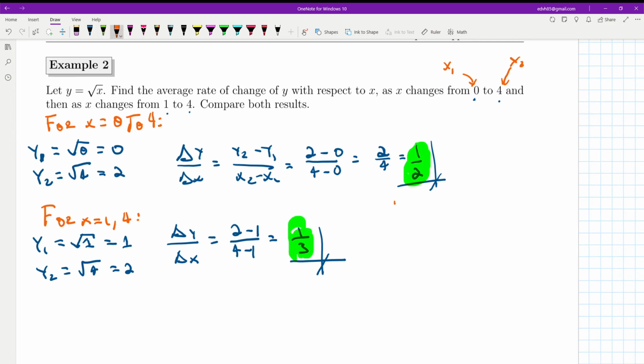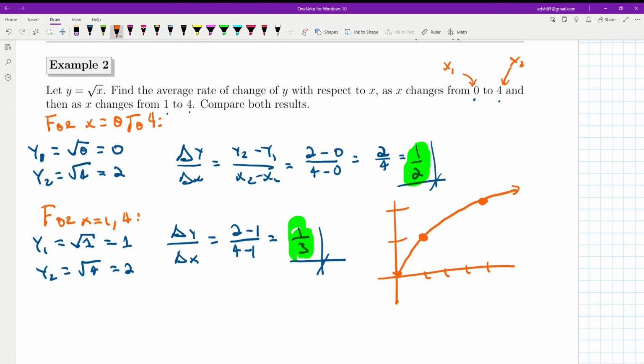For example, if we look at the graph of the square root of x, which looks something like this, we have the point where x is 0 and 4, and then the point where x is 1 and 4.